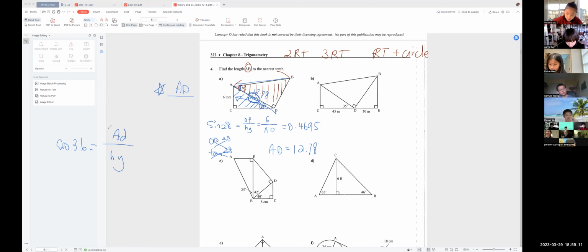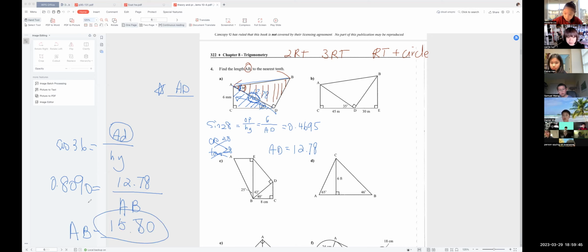So cosine 36 equals 0.8090. So AD is 12.78. Hypotenuse, we don't know, which is AB. So AB equals 12.78 divided by 0.8090. So AB equals 15.80. So that is the answer for AB.